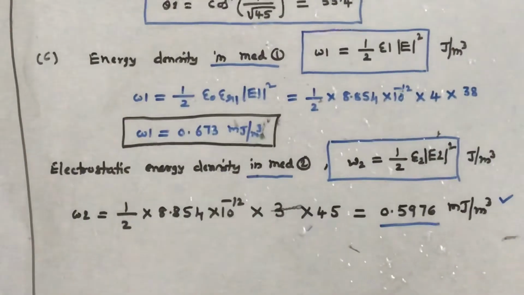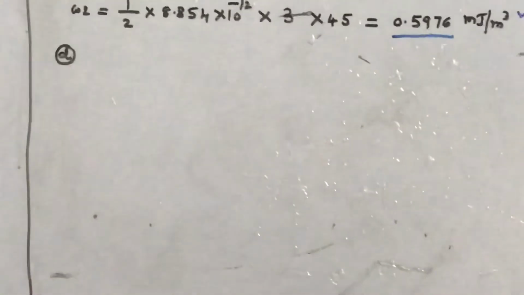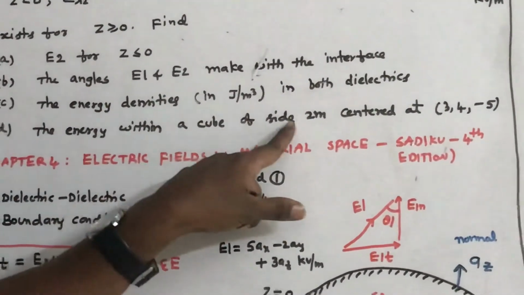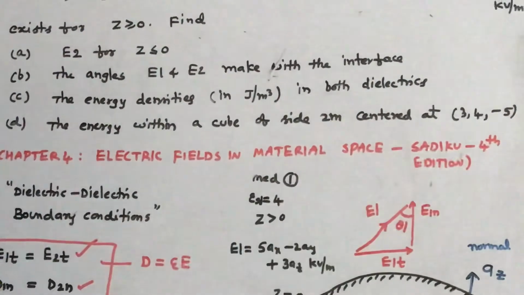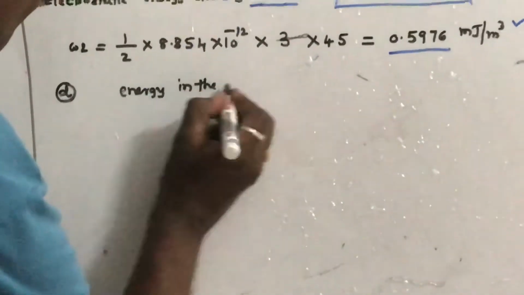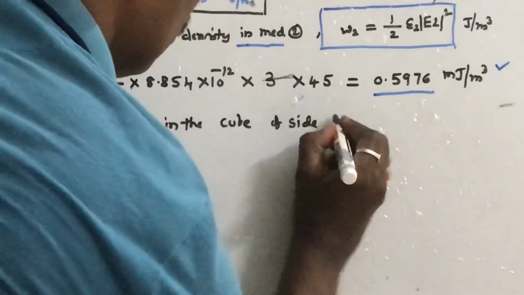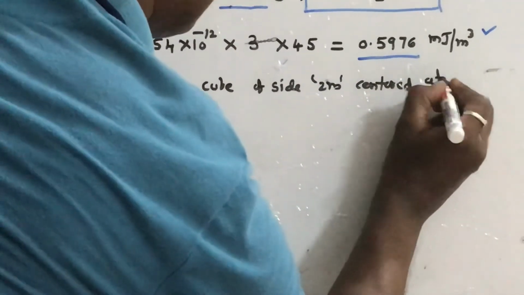Now finally, we will answer a very simple question, question D. Let us see this question D. The energy within a cube of side 2 meters centered at 3, 4, minus 5. So we want to find out the energy in the cube of side 2 meters centered at the given point 3, 4, minus 5.